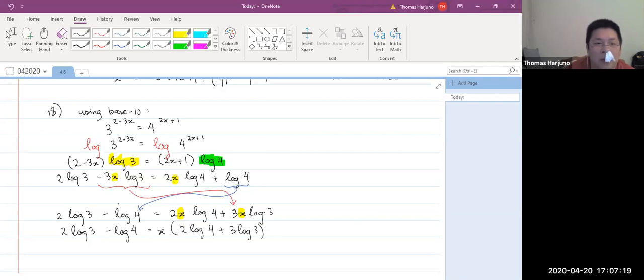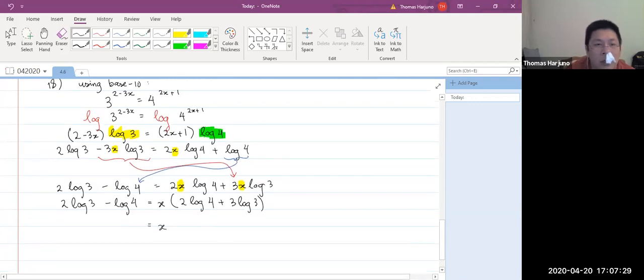Finally, my x will be 2 log 3 minus log 4 over 2 log 4 plus 3 log 3. Now, this is what happens if I execute this using base 10.